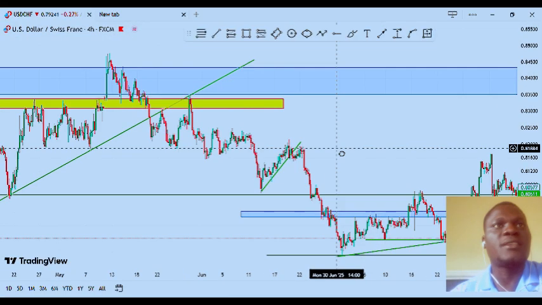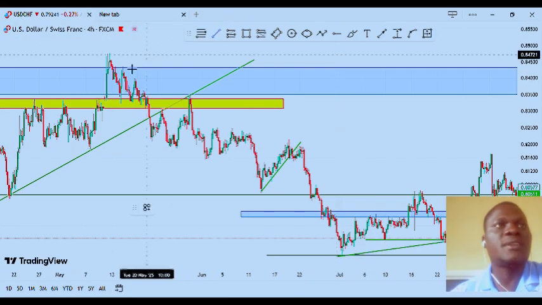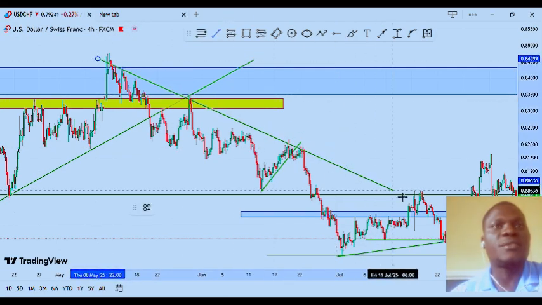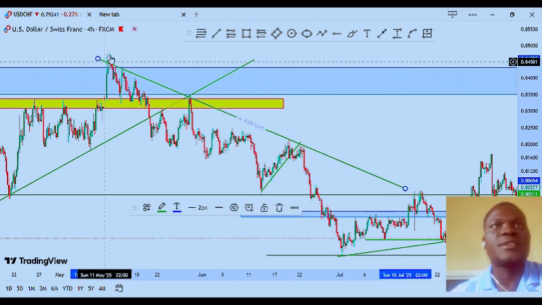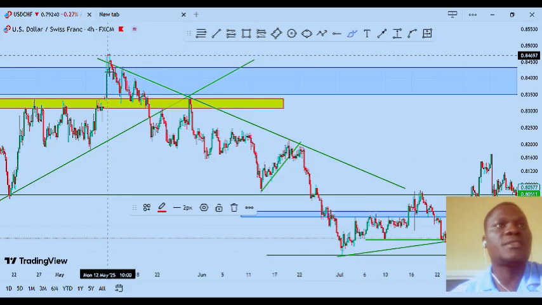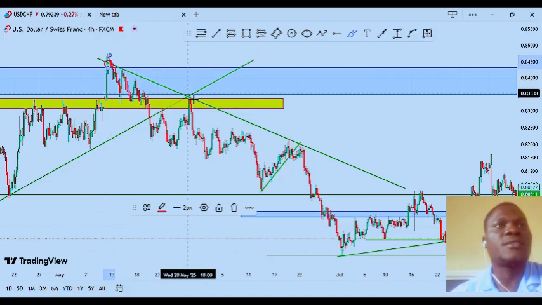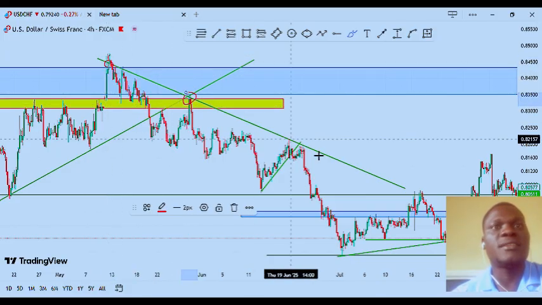If you can plot this level, we actually are at the third touch of this trend line. This was the first touch here. This is the second touch, and this is the third touch.